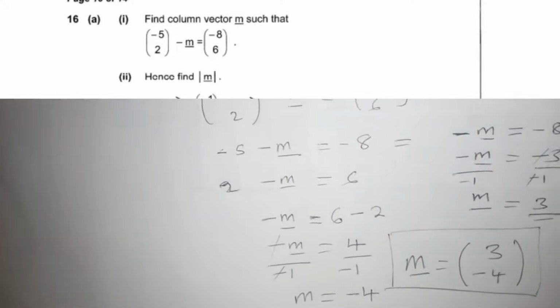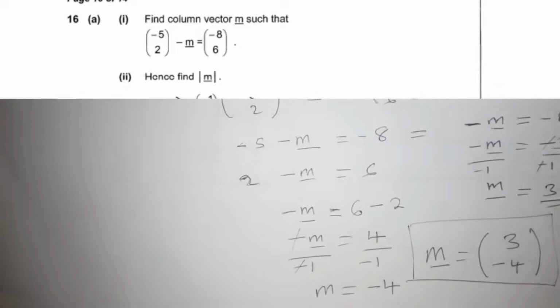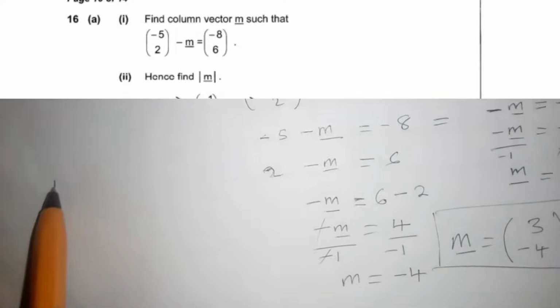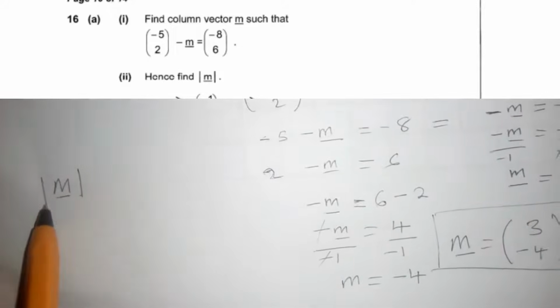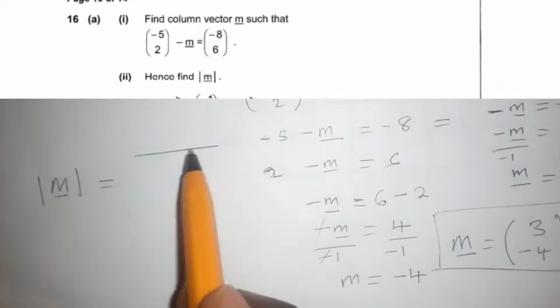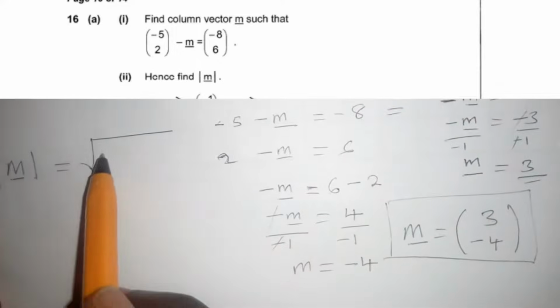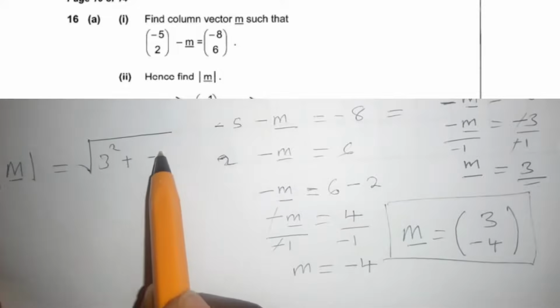So now on question 2, they've said find the modulus of vector M. Remember root, you get the top squared plus -4.